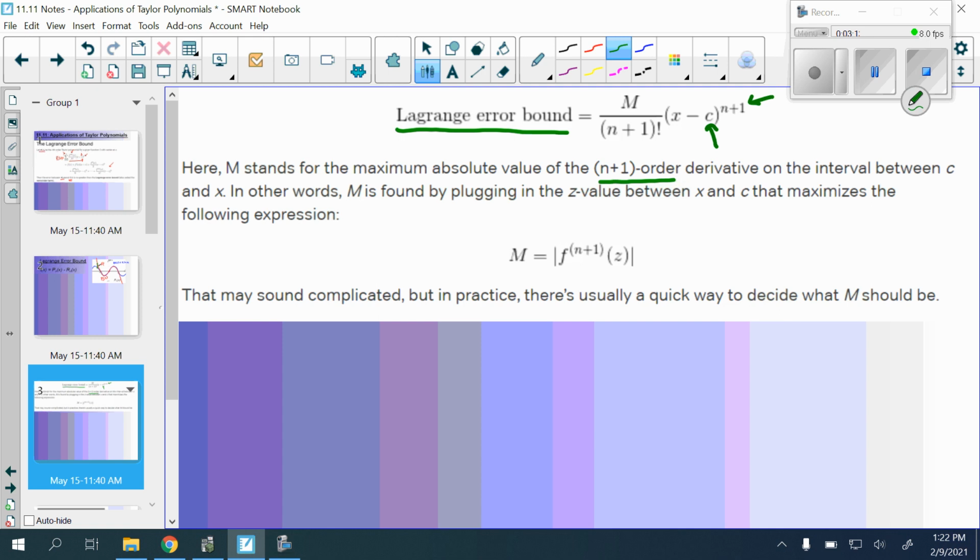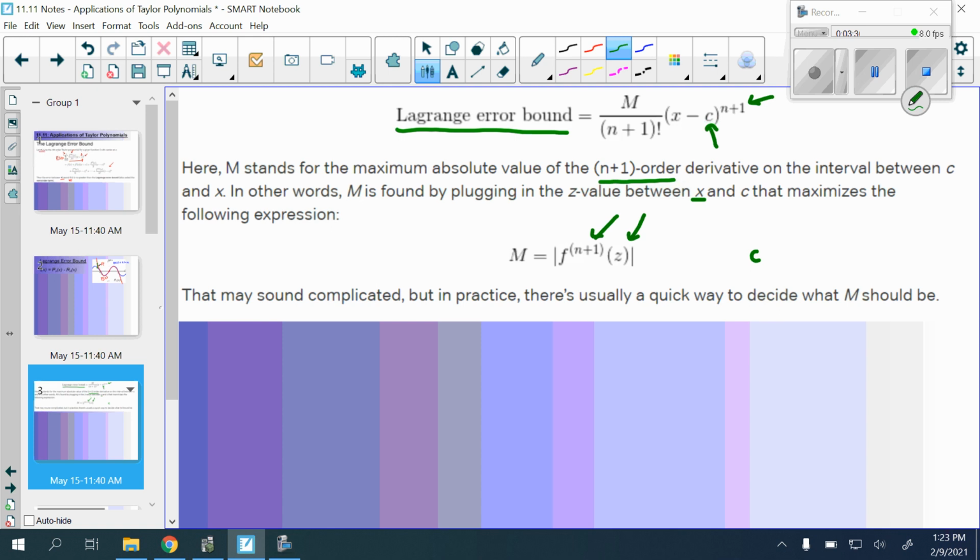Then our M value is the absolute value of the n plus 1 derivative at z, where z can be any value between our c value and the value that we're looking at.